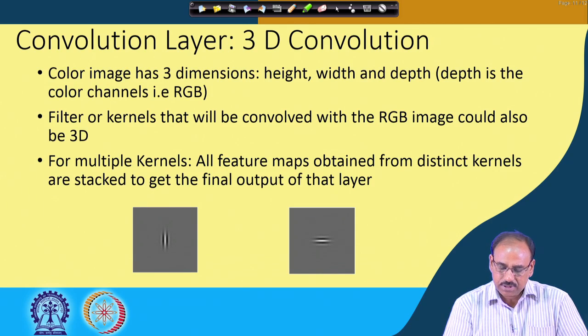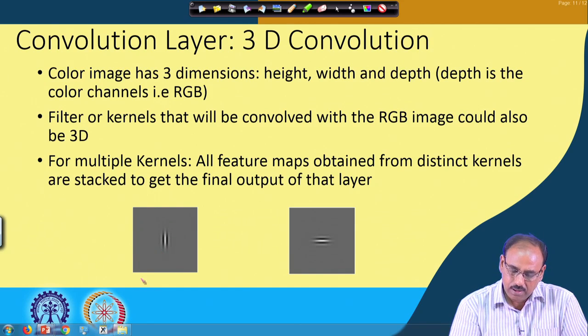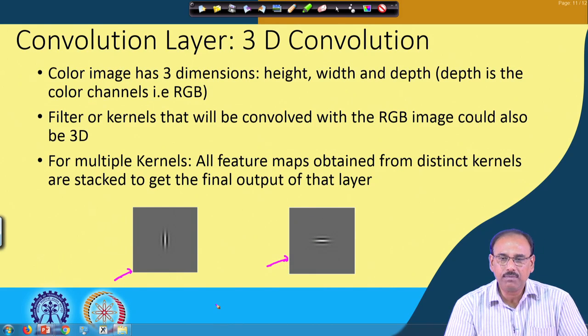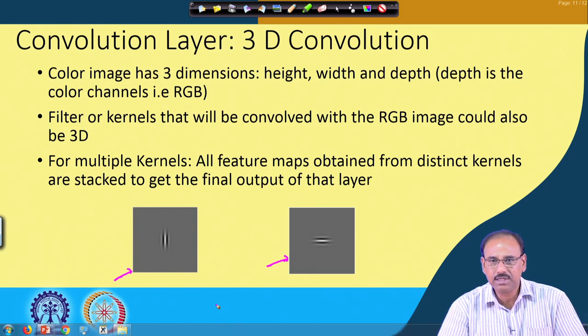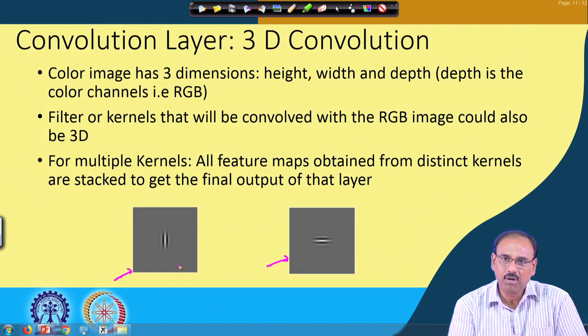As we have seen over here, this is one kernel and this is another kernel. With the help of these kernels, we have seen the nature of the output in our previous slides. This particular kernel gives you all the vertical edge information and this kernel gives you all the horizontal edge information.